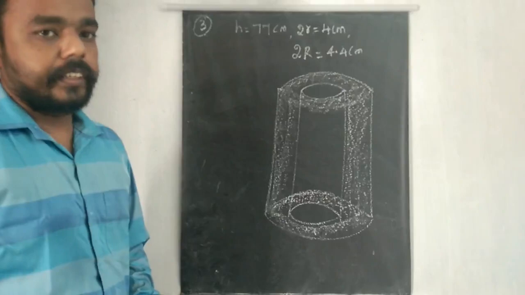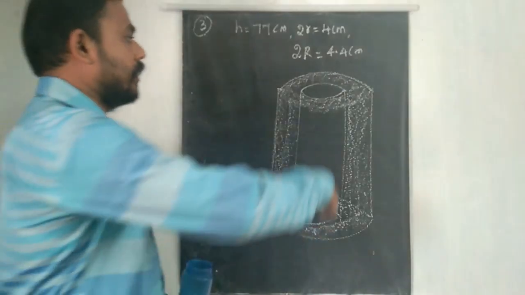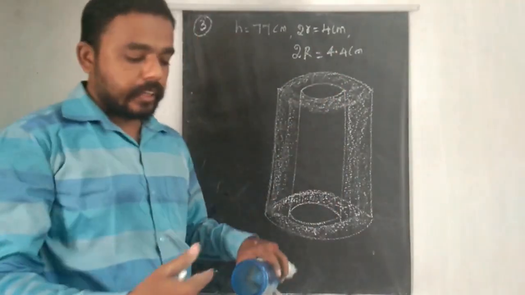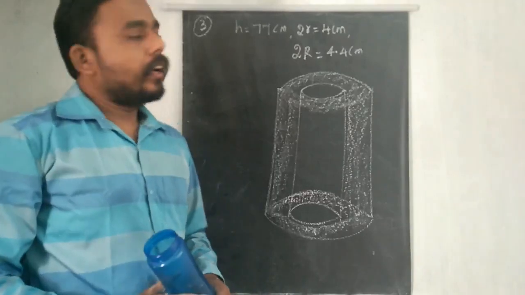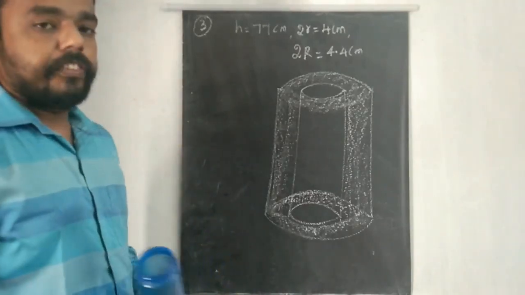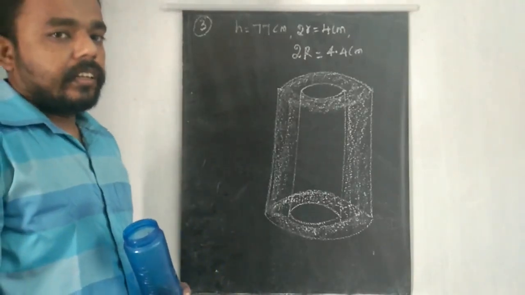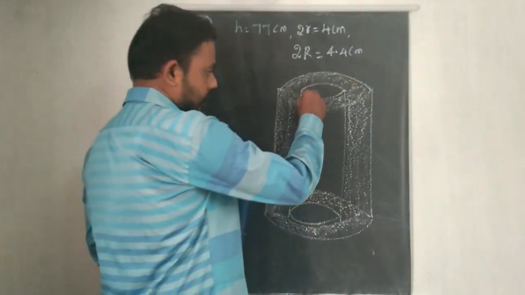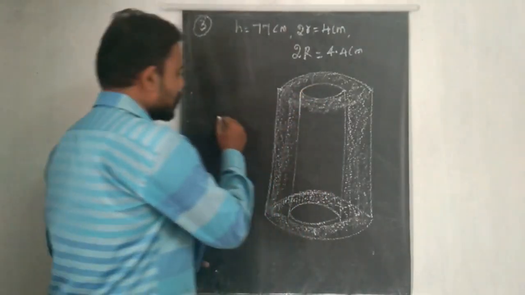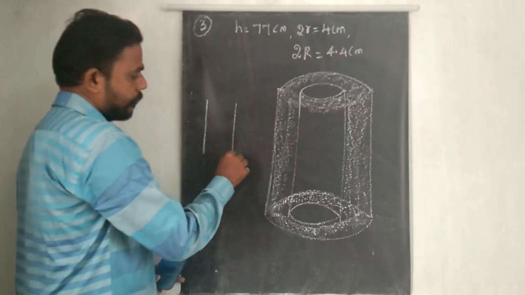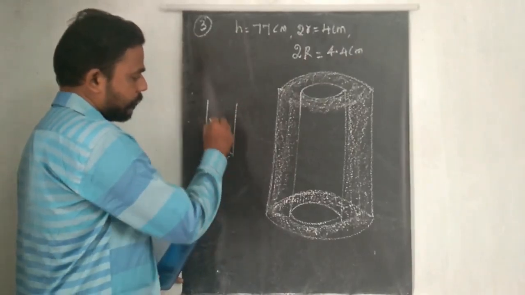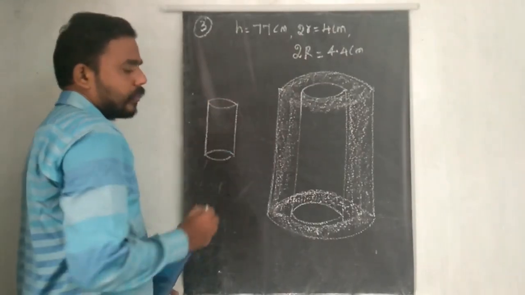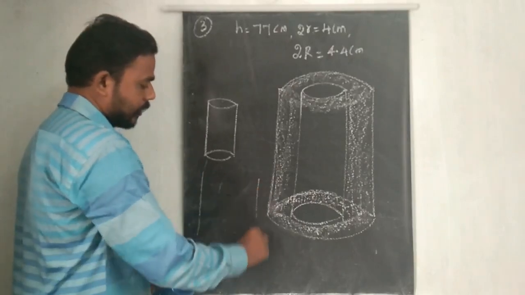Now this is the cylinder. Inside is open like a hollow cylinder. Now we need to find the inner surface area, that is inside. Inside means just the small one. Outside means just the bigger one.